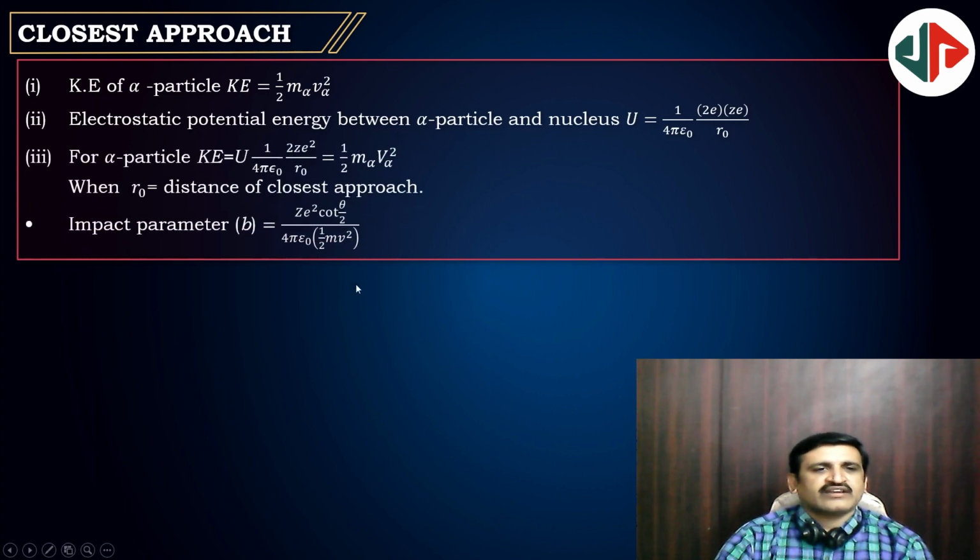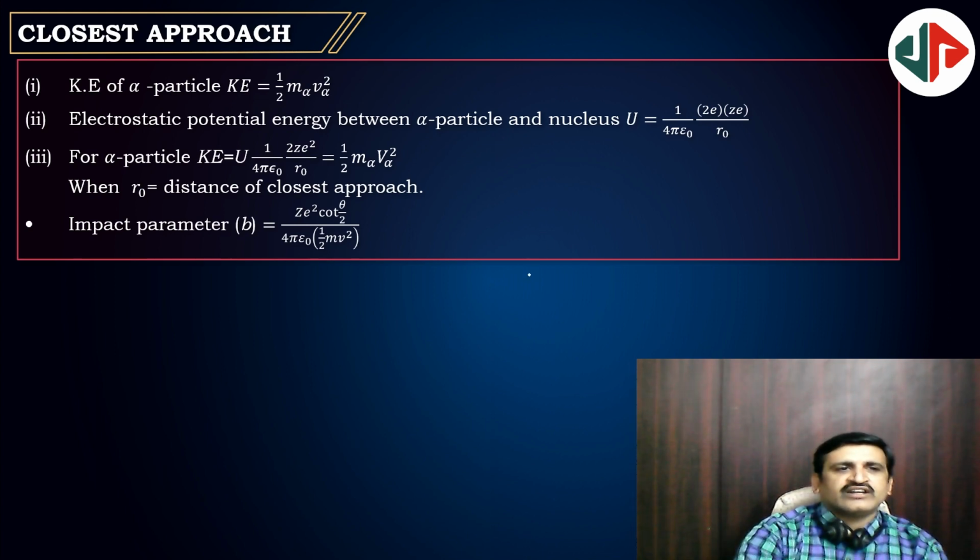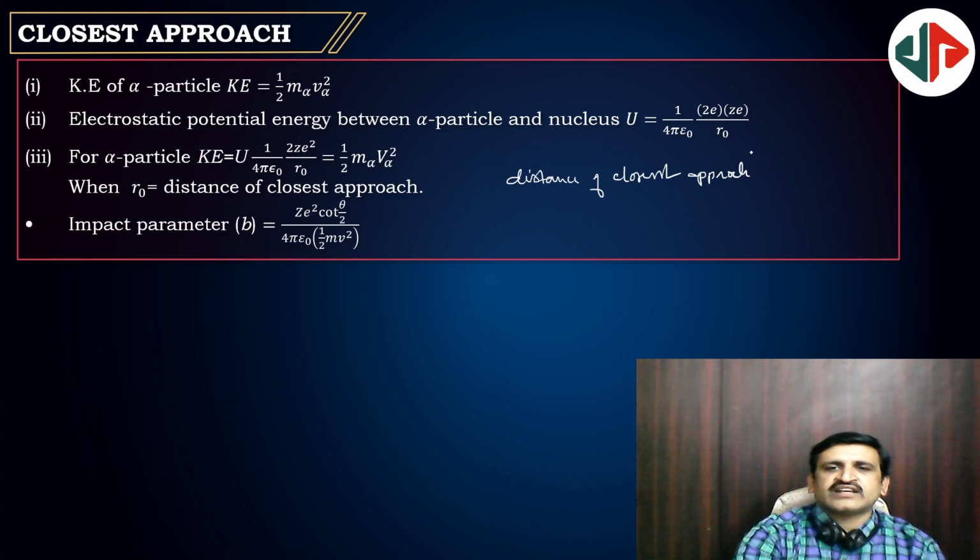Distance of closest approach: kinetic energy gets converted into potential energy. So R naught is equal to Ze square into 2 by 4 pi epsilon naught into kinetic energy.